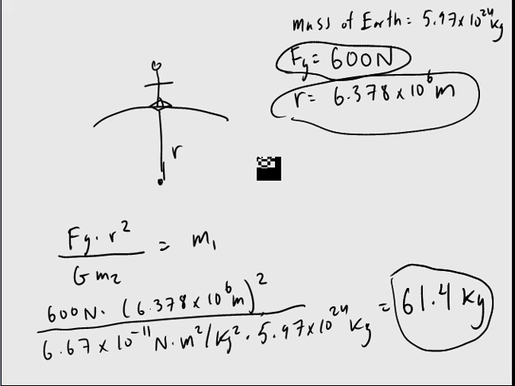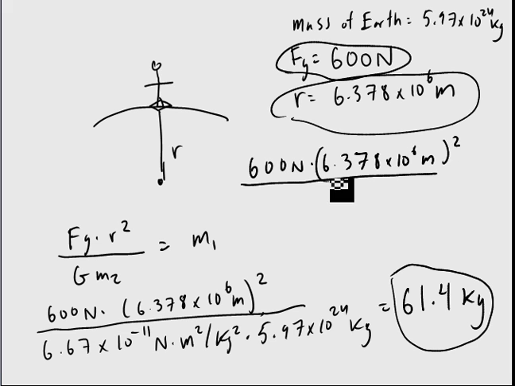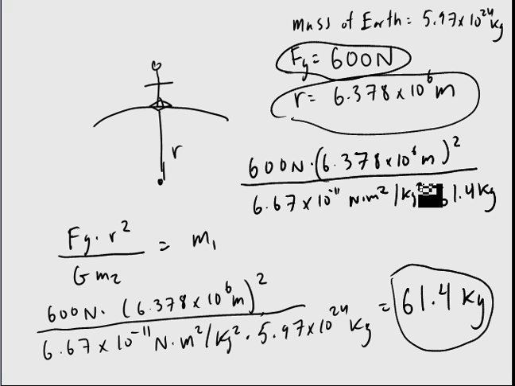So just to set that up, and now if we use the person's mass instead of the Earth's mass, what it will give us is now the Earth's mass. And again, that's just because the two masses are interchangeable, right? Mass 1 and mass 2, you can choose which one is which.